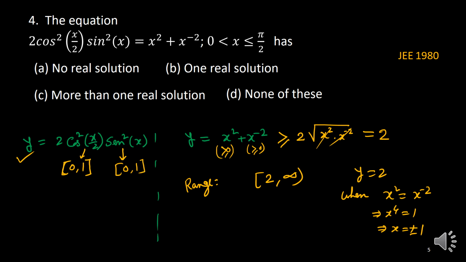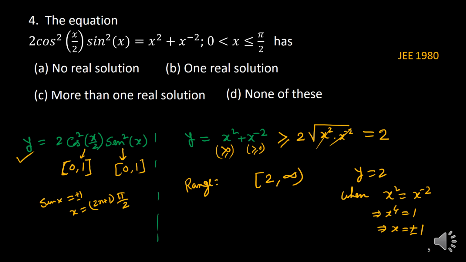But both of these cannot be 1 simultaneously, because sin x equals 1 when x equals pi by 2 or 3 pi by 2. In general, sin x equals plus minus 1 when x equals 2n plus 1, an odd multiple of pi by 2. I am considering plus minus 1, it's squared, that's fine. So it is pi by 2, 3 pi by 2, 5 pi by 2, and so on.